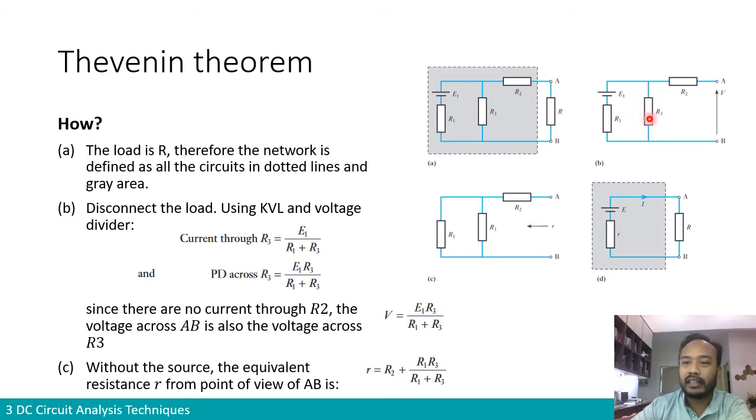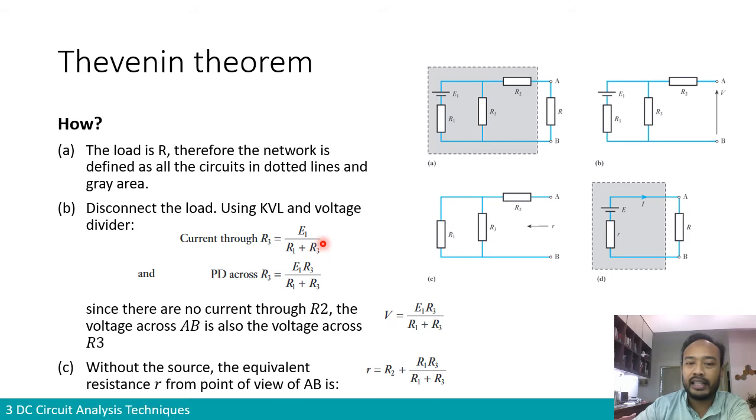To know the current across R3, we have this loop, so you can do your KVL. In your KVL, you have E minus VR3 minus VR1 equals 0. We know that VR3 and VR1 is the same current I multiplied by R3 plus R1. Therefore, we can deduce that the current through R3 is E1, the voltage supply, divided by R1 plus R3.